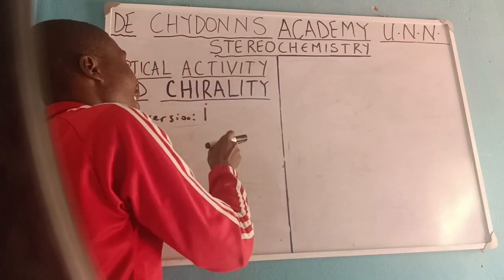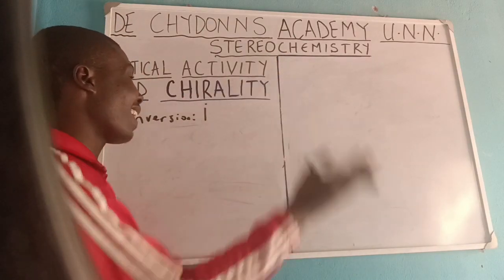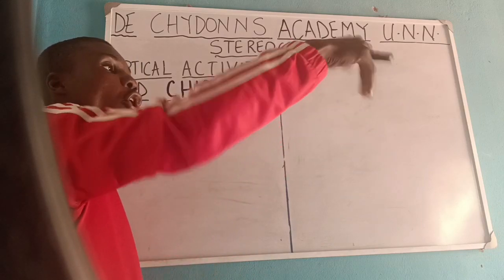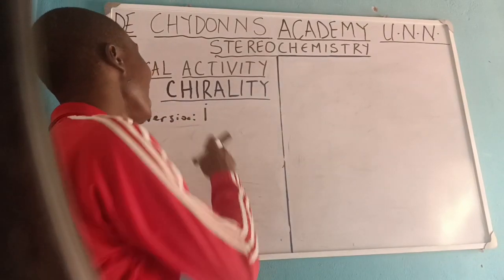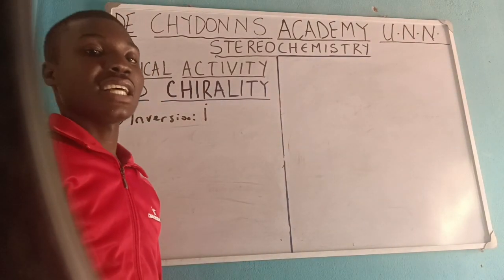The moment you have a particular center where movements of atoms directly opposite themselves superimpose on an atom that is similar to it, the implication is that that compound has an inversion point or has an inversion center.